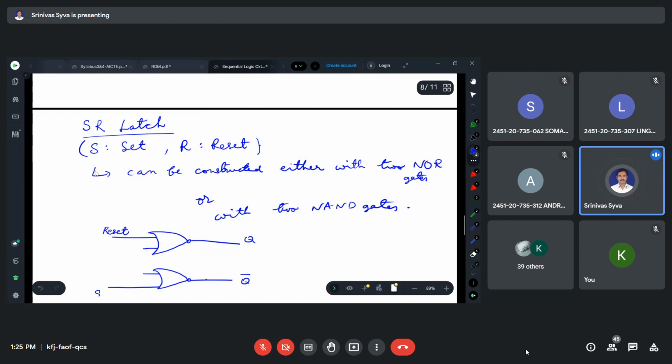This input is used to set the output. Reset means 0. It will clear the output. Here the output is connected as one feedback.